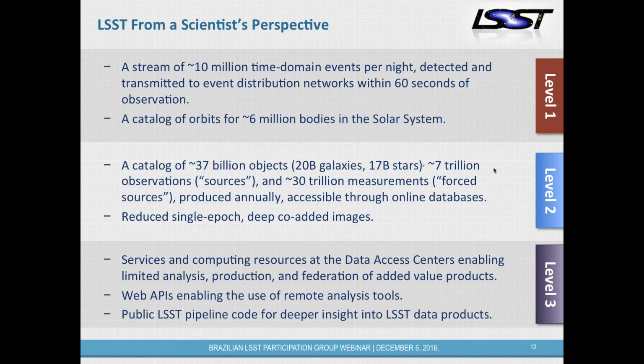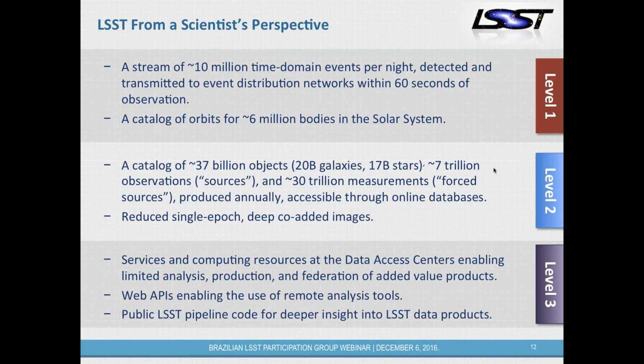More likely, for quote-unquote vanilla transient operations, you will want to have networks of smaller telescopes, where by smaller I mean 3 to 4 meter telescopes, so it's not really small, to be able to follow up objects that the LSST finds. But the key distinction here is that our level 1 data products are the ones that enable that. We find what's changed and we transmit that within 60 seconds to everyone who wants to listen to this stream.